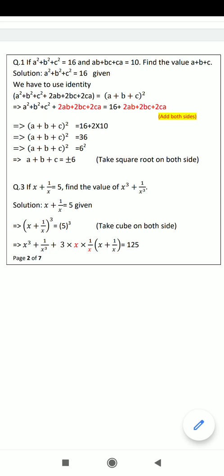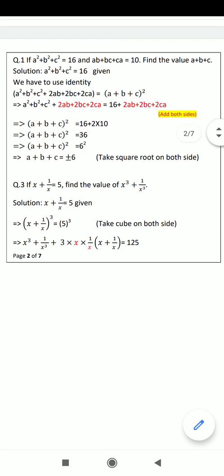So that's why we have to add 2ab plus 2bc plus 2ca on both the sides to make the identity.